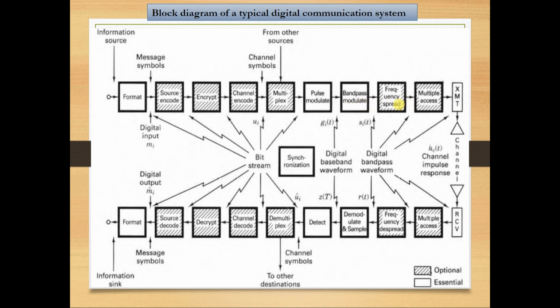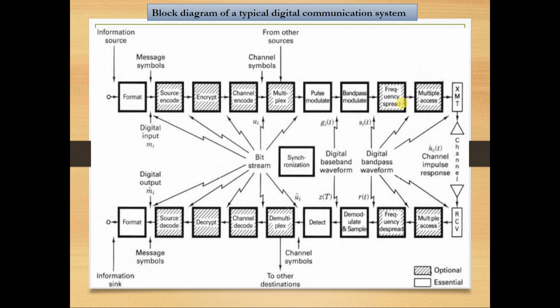After the bandpass modulation, you have frequency spread, which is optional. We don't always use it, but the job of this block is to spread your signal over a very large frequency range, which makes it, first, secure, because now nobody can see your signal.